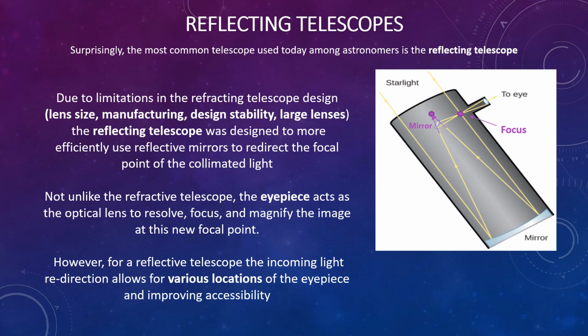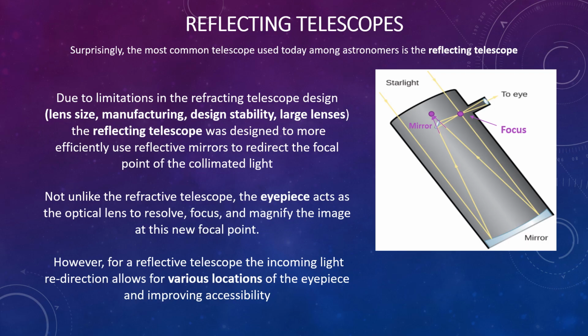Due to limitations in refracting telescope design, most notably lens size, because it's hard to make very large, perfectly shaped, curved lenses, refracting telescopes are pretty often limited by just being expensive. So it's much more efficient to use a reflecting telescope because it's easier to create reflective mirrors that then redirect the light to a focal point.